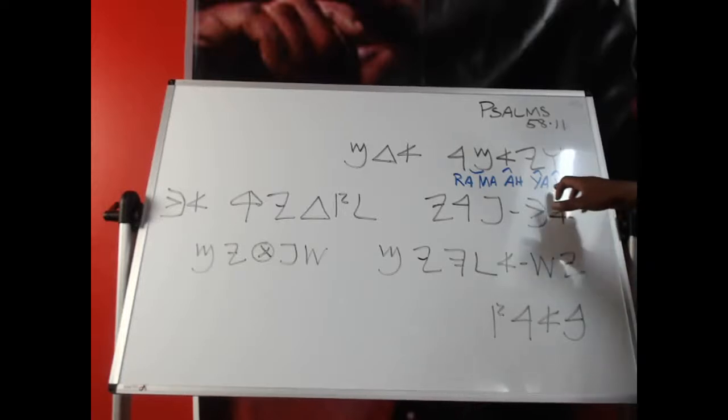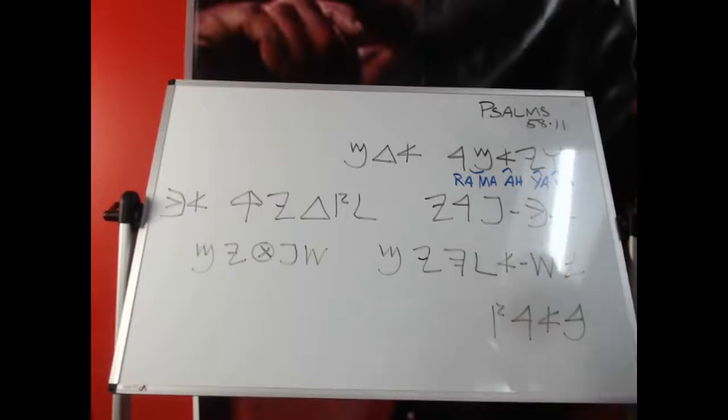We got wa. We got ya. We got wa, ya, ma, and ra. I gave you the bumpers and the bridges. So what do we have? Wa, ya, what?